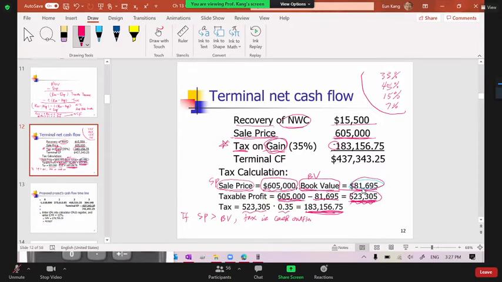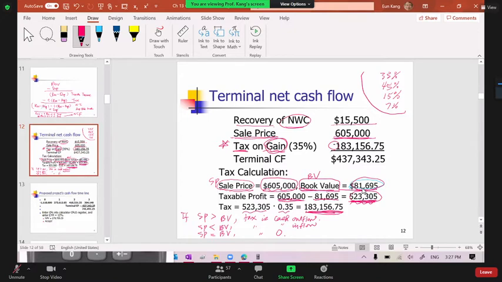So you have to pay tax. So it's a negative cash flow. If SP is less than book value, tax is a cash inflow, positive cash flow. If SP equals book value, tax is zero. No tax.